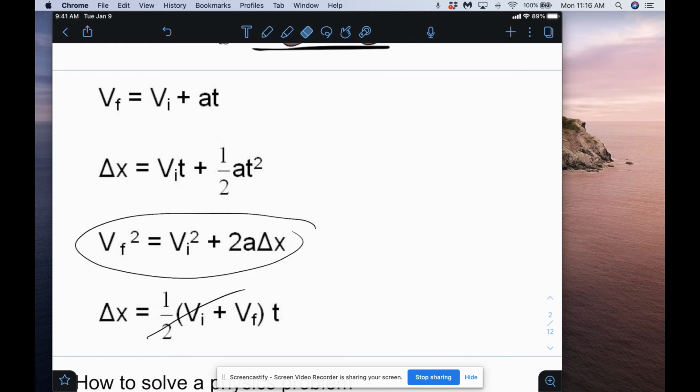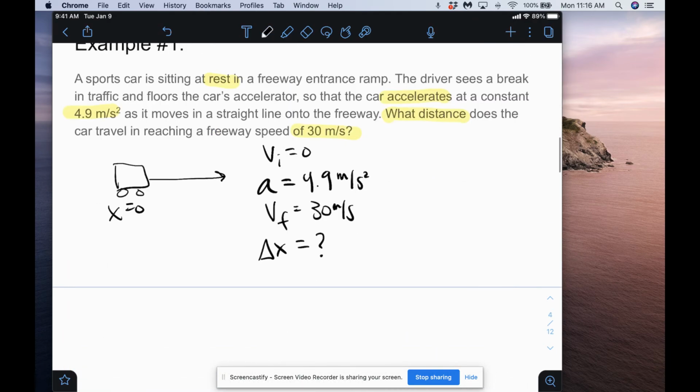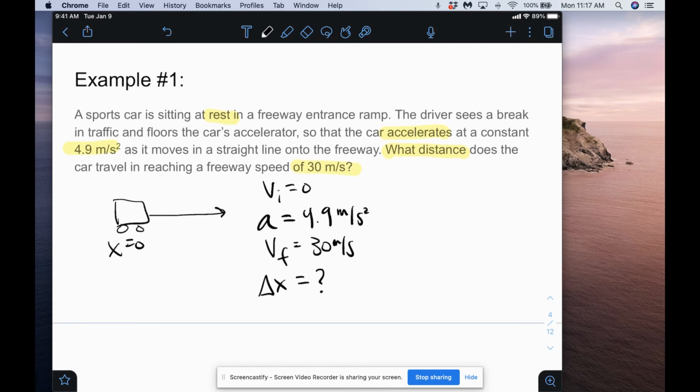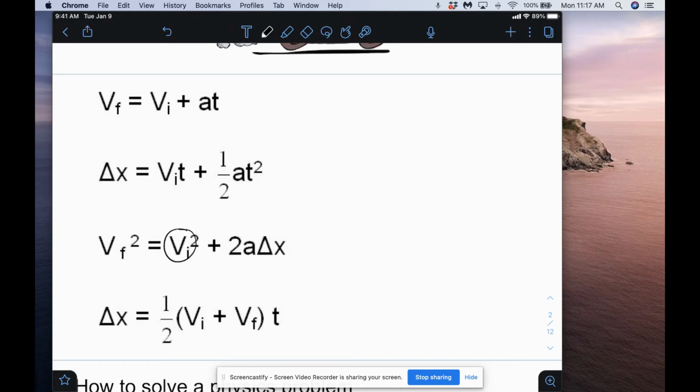Another way to look at this is, I can look at my givens and see that I'm given initial velocity, I'm given acceleration, I'm given final velocity, and I'm looking for our displacement, our delta x. So that's the equation that I'm going to be using in this case.